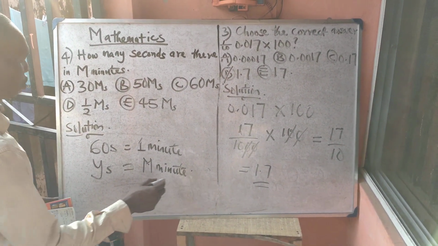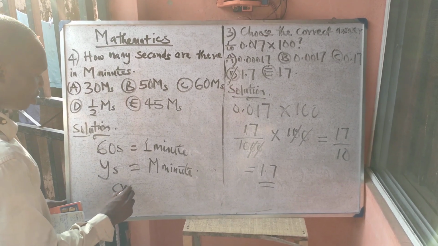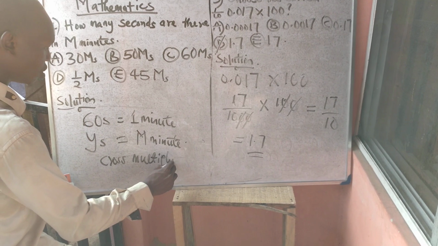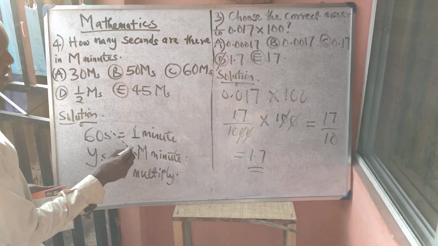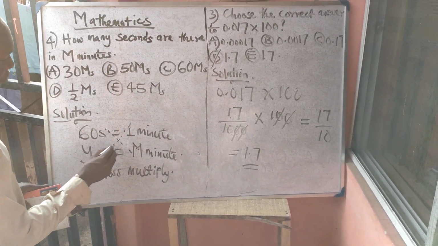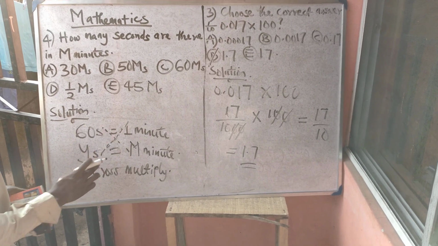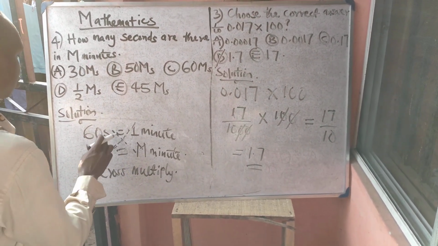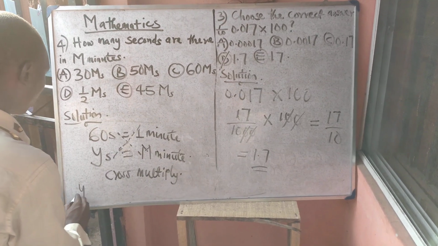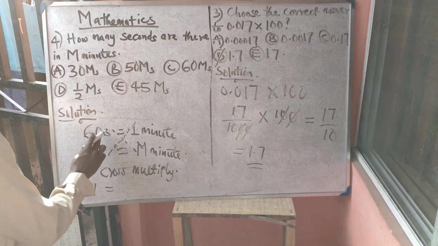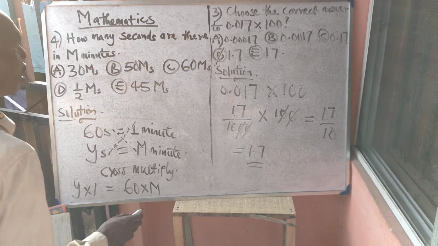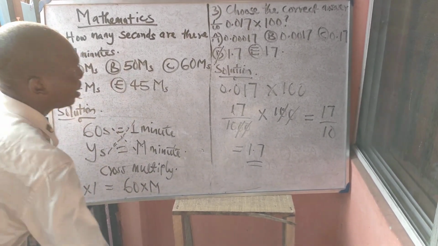So if you cross multiply, what then happens? This will multiply this, and this one will multiply this one. That's cross multiplication. You see that y will multiply 1. This is y times 1, and 60 multiplies m. 60 times m. And y times 1 is y.